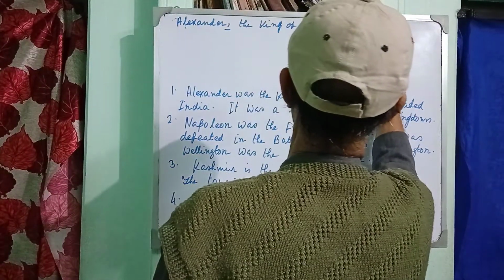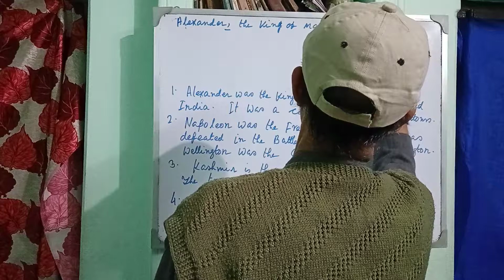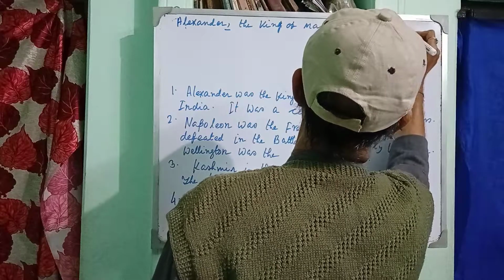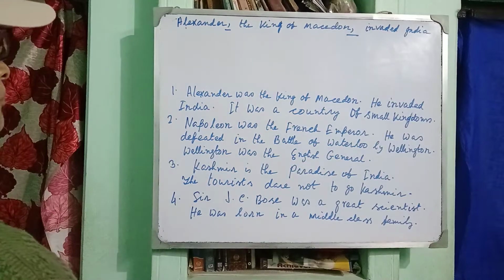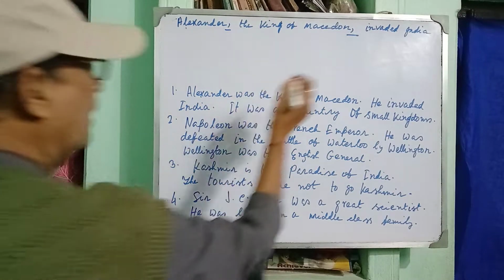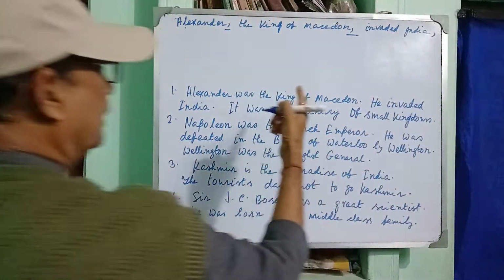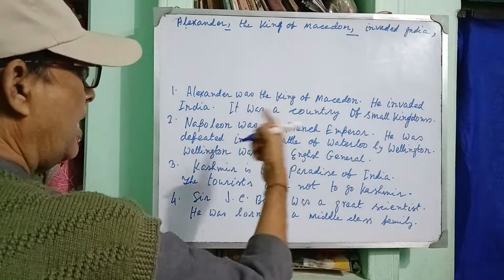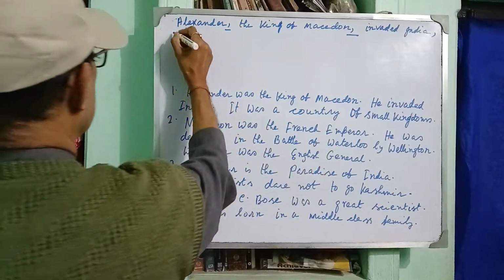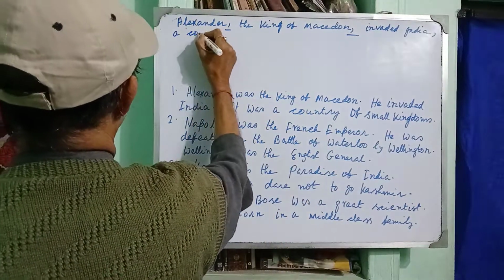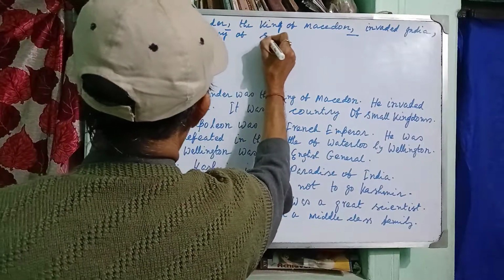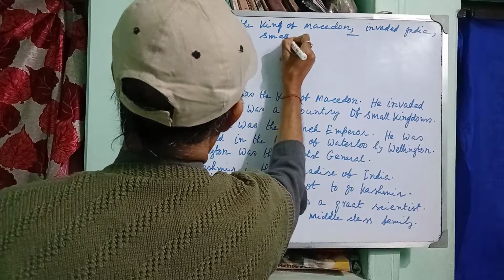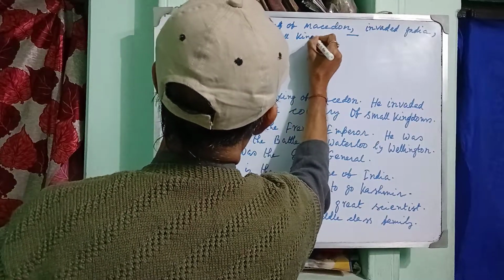Invaded India, comma. India is noun and the noun phrase is a country of small kingdoms.